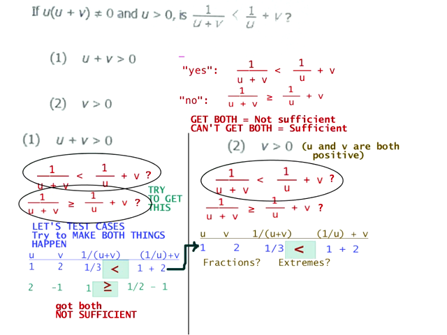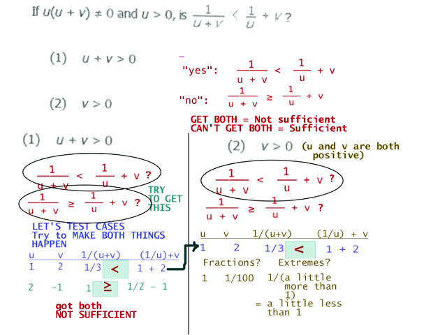Let's just go for broke and call u 1 over 100. So 1 over u plus v is 1 over very close to 1. So it's 1 over a little bit more than 1, so that's a little bit less than 1.